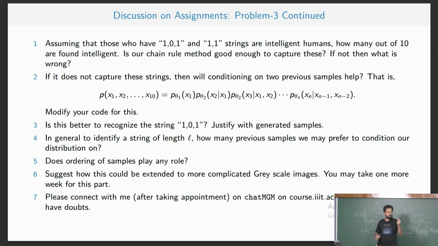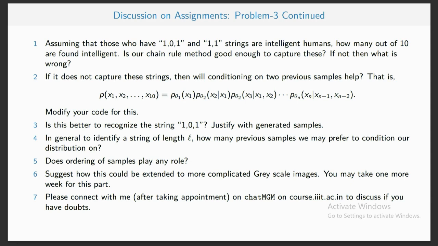How many possibilities are there for x1, x2? 4. x1 has 2 possibilities, x2 has 2 possibilities. It's like the combinations: 0, 1, 1, 0, 1, 1, and 0, 0 also. So there are 4 possibilities. So basically at x3 now you have to maintain 4 parameters to predict the next branch.